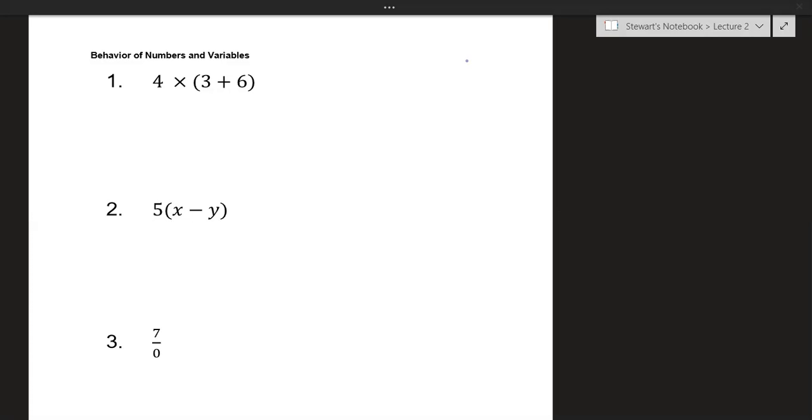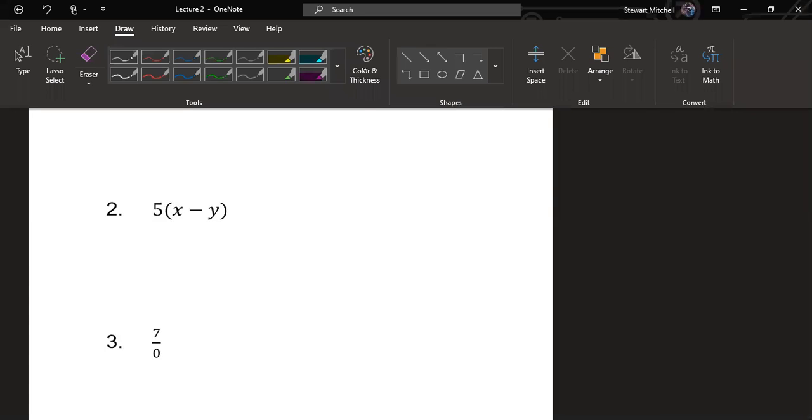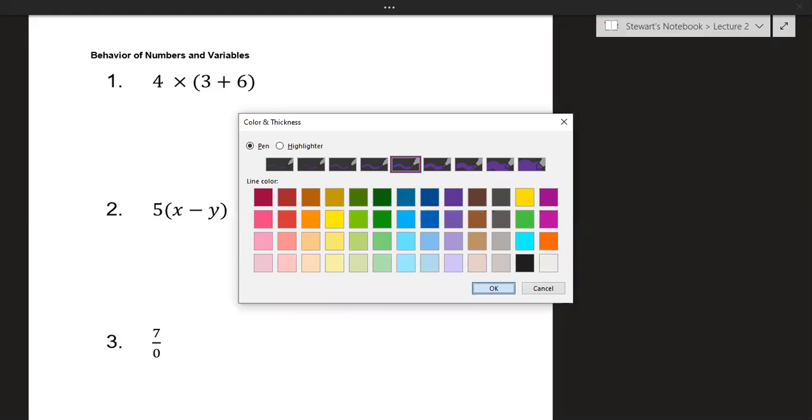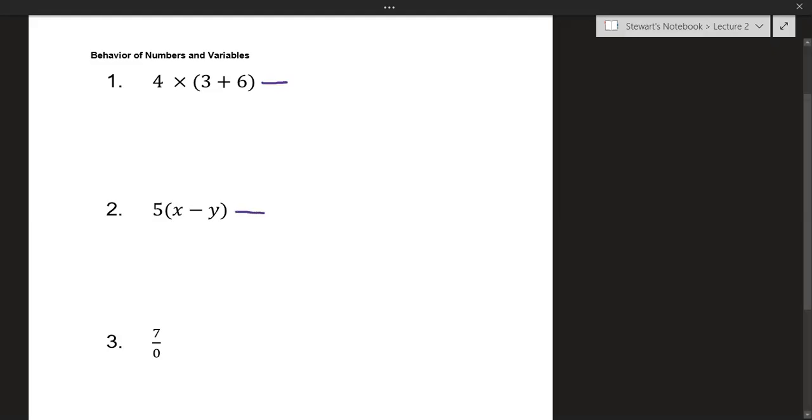Okay, so we have four problems we're going to be going over today. The first two fall into one category, the second two fall into a different one. The first two, 1 and 2, fall under the distributive property of multiplication, and I will show you how to carry that out.